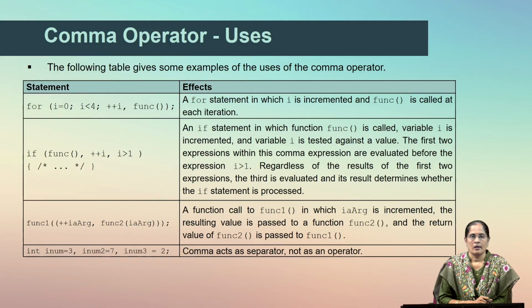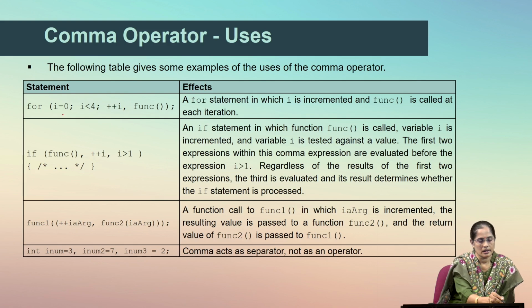Before that, note that the comma operator discards its first argument. It is generally only useful where the first operand has desirable side effects. The first example in the table is the situation where the comma operator is used in iteration. Here there is a loop with i equal to 0 as the first statement, initialization, and the second statement is the condition check.